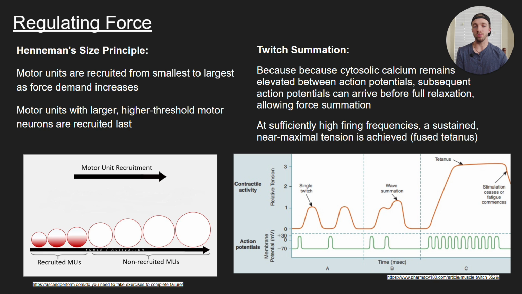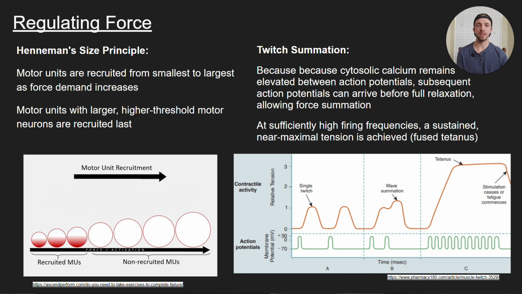At super high frequencies, a sustained near maximal tension is achieved, which is called fused tetanus. These two principles together allow us to regulate force at the motor unit level. Henneman's size principle will be referred to as motor unit recruitment, sometimes as motor unit synchronization, and twitch summation, this additive effect of high firing frequencies, can also be called rate coding sometimes.